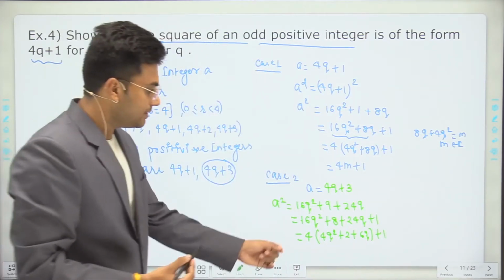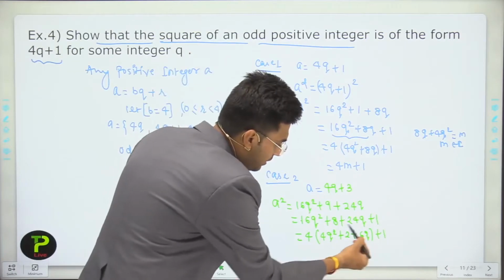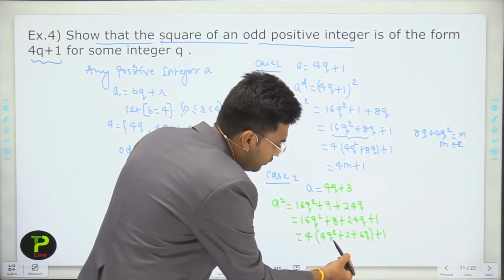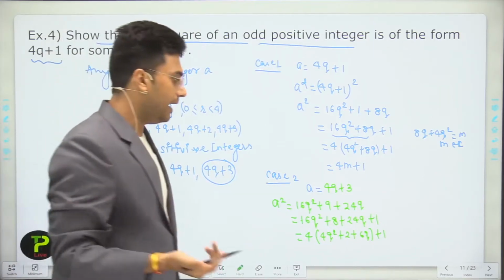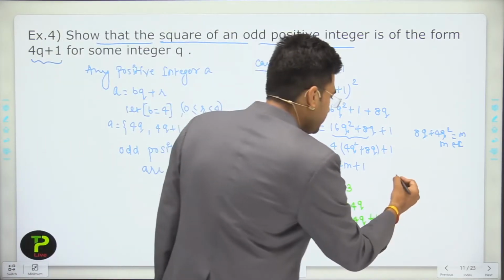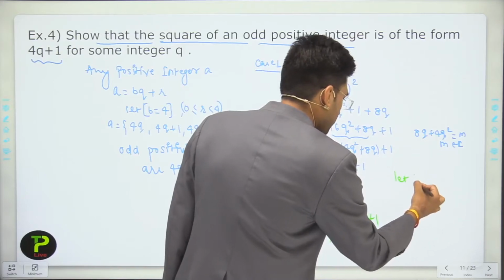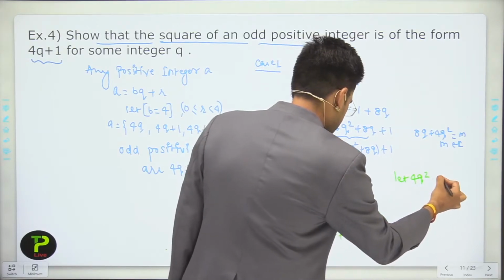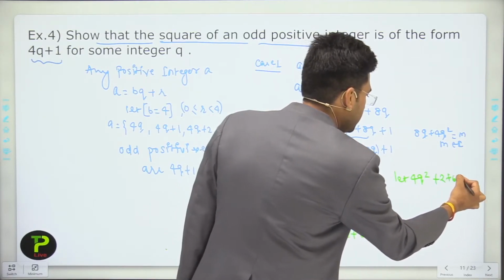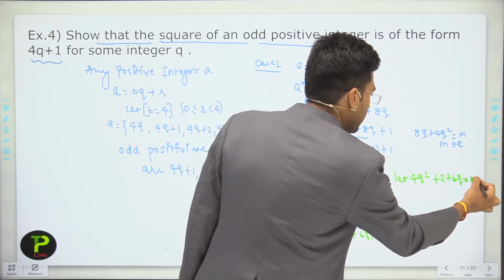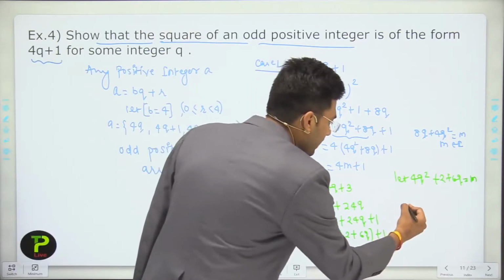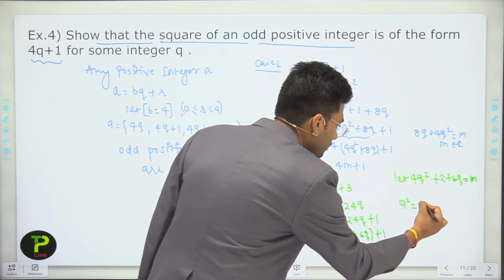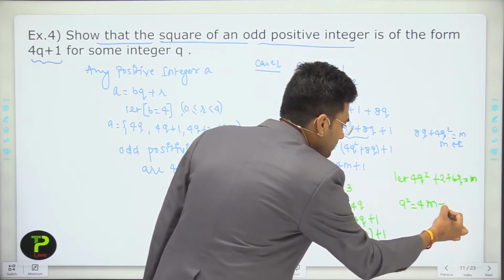Now students, we can assume the expression 4q² plus 2 plus 6q to be any integer m. So let 4q² plus 2 plus 6q be equal to m. If this is equal to m, then we can write a² is equal to 4m plus 1.